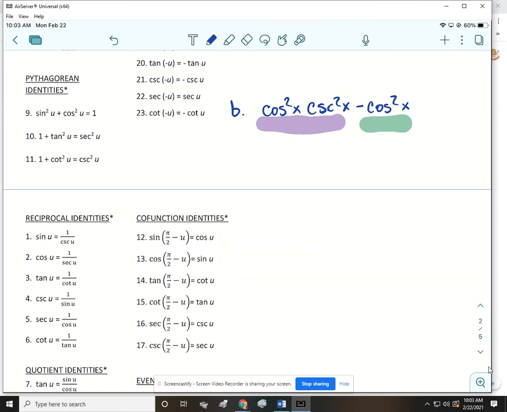And what they have in common is cosine squared of x. So we're going to factor it out of each of them. So when we factor it out of the purple one, we're left with cosecant squared of x. And when we factor out the green one, it completely factors out. So when it completely factors out, it leaves you with a 1.